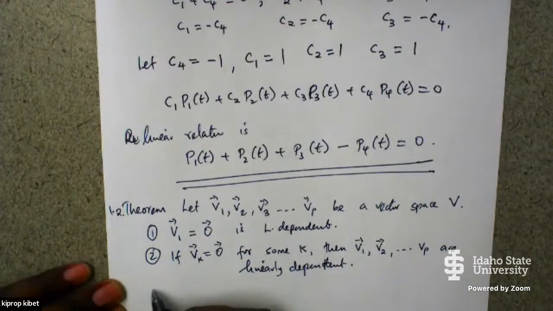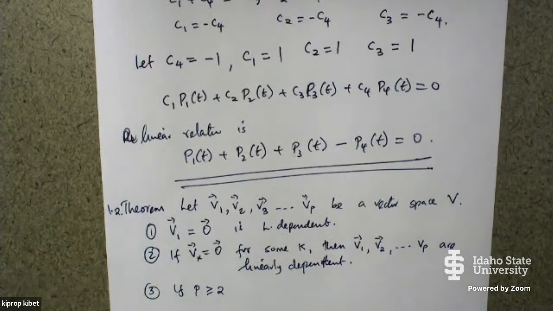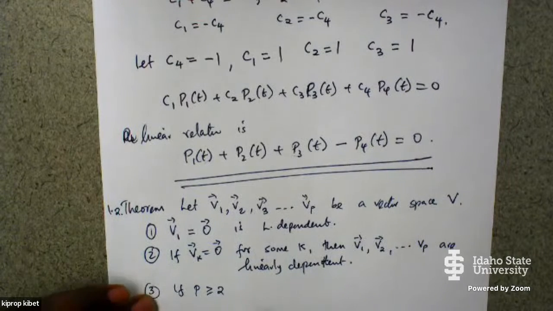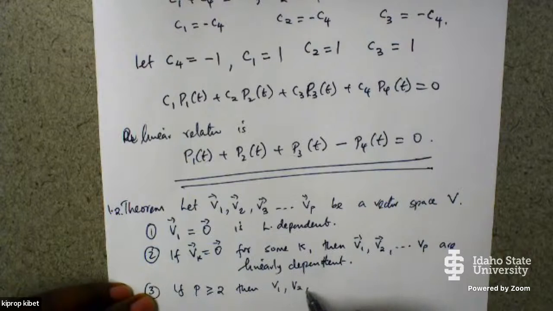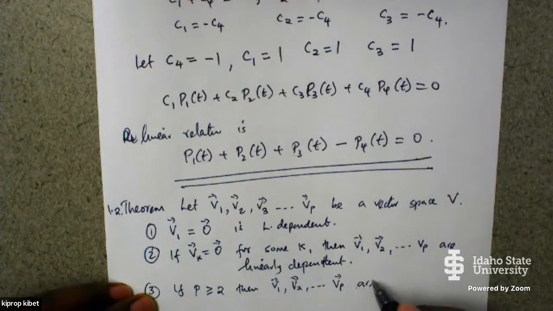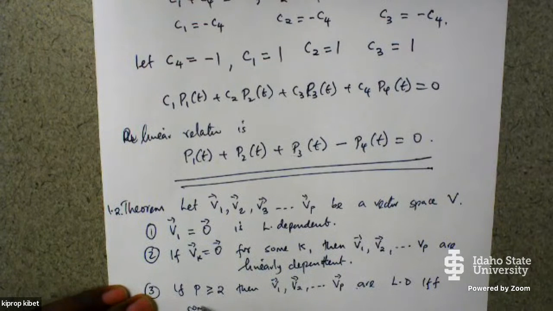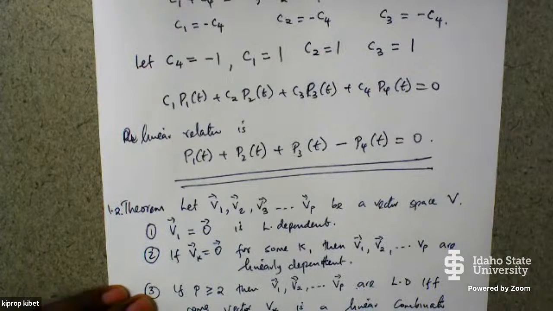And then number 3: if P is greater than or equal to 2, then V1, V2, all the way to Vp are linearly dependent if and only if some vector Vk is a linear combination of the other vectors.